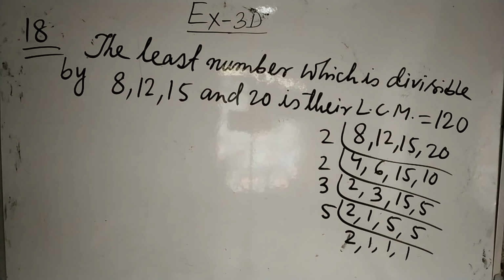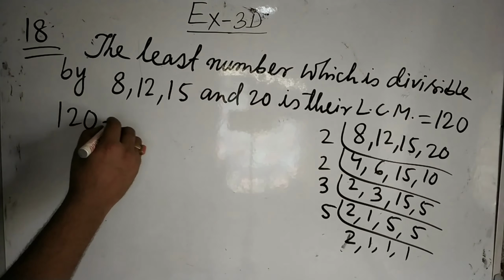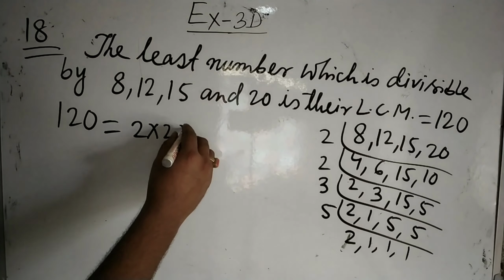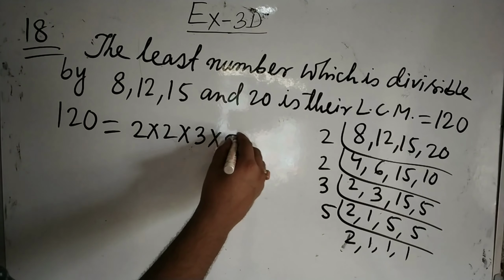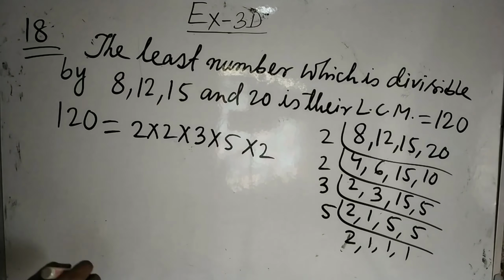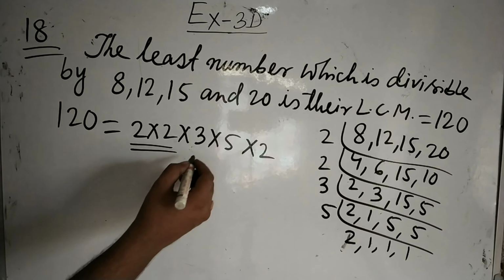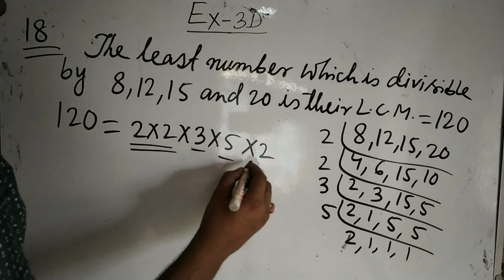Okay. Now look, this 120 is not a perfect square number. Why? Because in 120 the factors are 2 into 2 into 3 into 5 into 2. Look, we have 2 2s, a single 3, another 2.